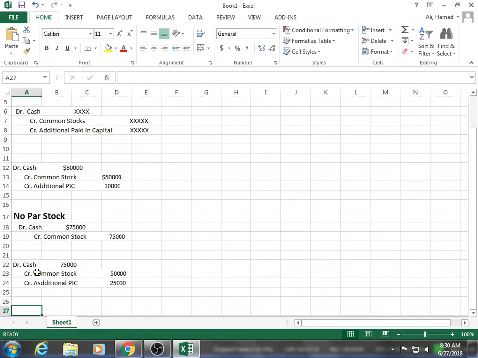And the opposite is also true. If we know the issue price of the share, but we don't know the value of the lawyer's fees, then we use the issue price as the lawyer's fees. All right, just remember that.